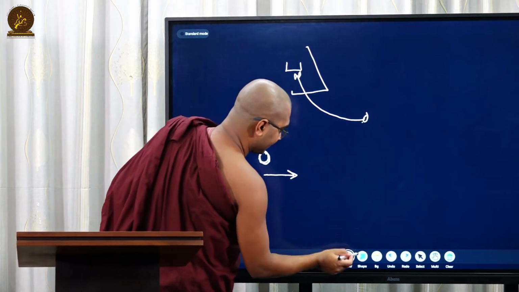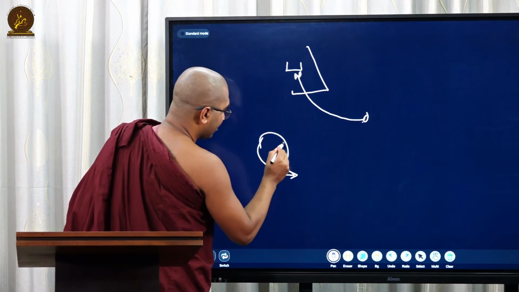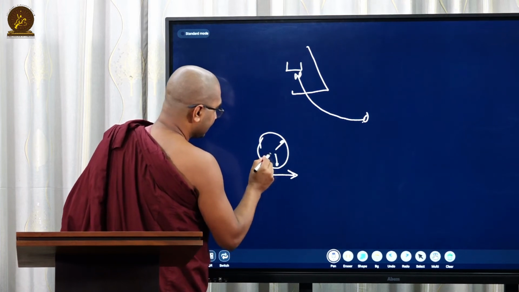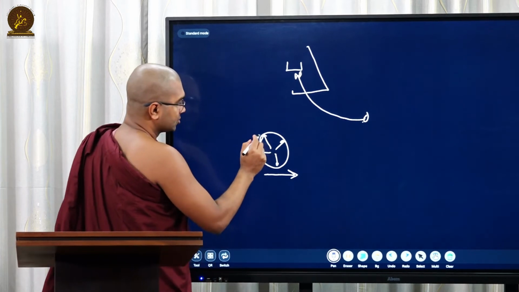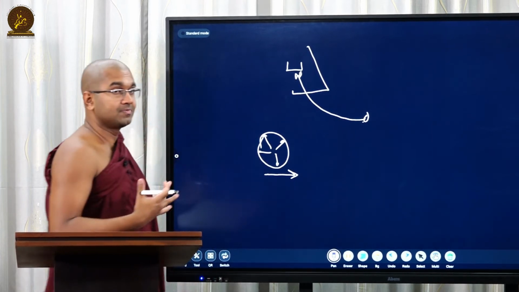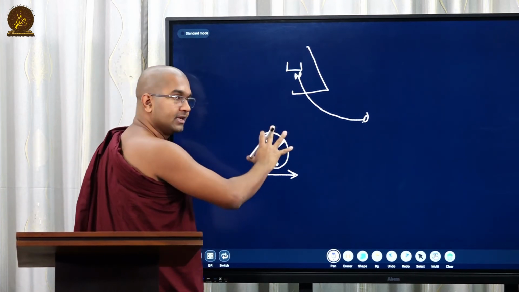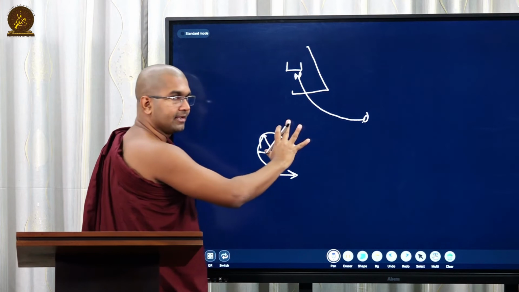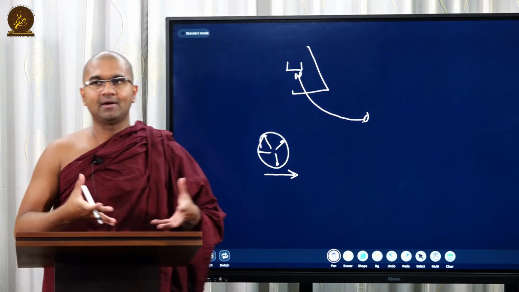If we draw it a bit larger, this is the Kalapa. Vayu pushes it, and therefore the Kalapa has a certain shape. But why is it moving? So moving means it's also caused by Vayu. It shows that a certain kind of motion is associated with this particular thing. So that motion should be considered as something of the Kalapa.